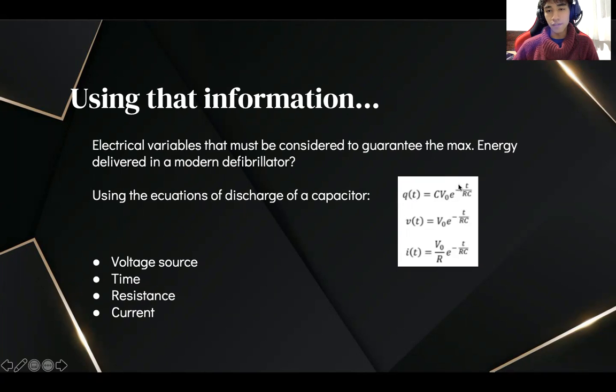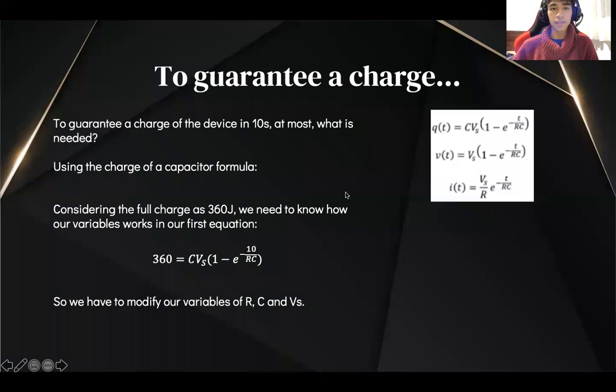And as we can see, we have to take into account the voltage source, the time, the resistance, and of course the current. And for the second question: to guarantee charge of the device in 10 seconds at most, what is needed?